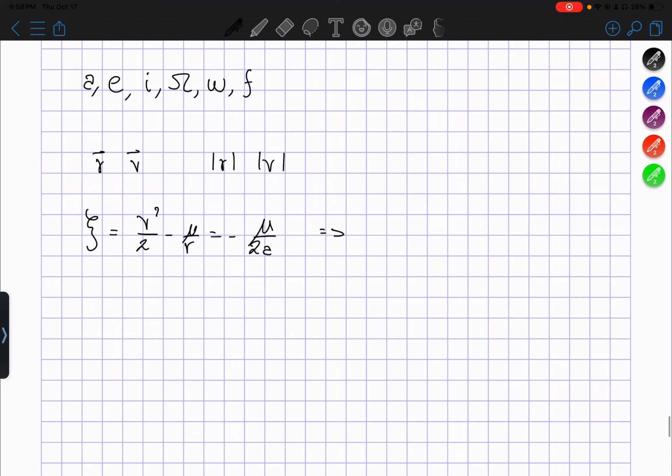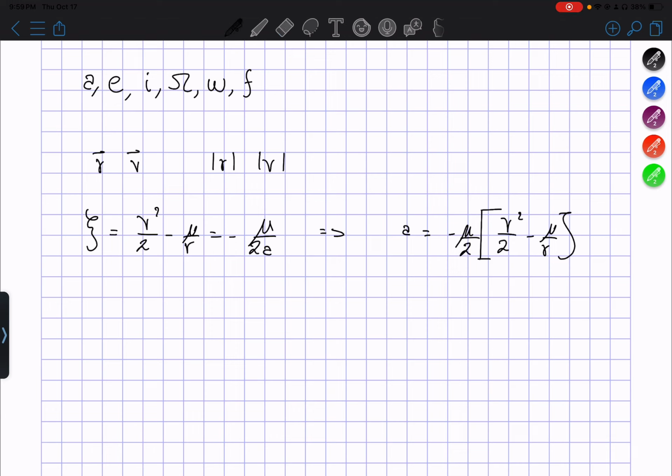So I can rewrite this to be A. Actually, let me not skip too many steps. I have 2A on this side that multiplies everything on that side, so we have negative mu that multiplies V squared divided by 2 minus mu over r, to the power negative 1. And then I just divide everything by 2 here. So this is my A.